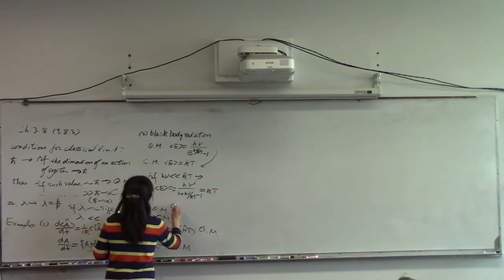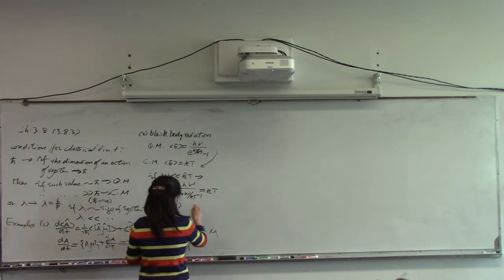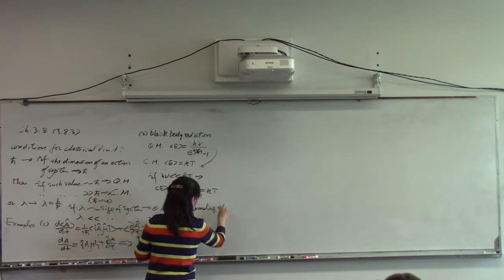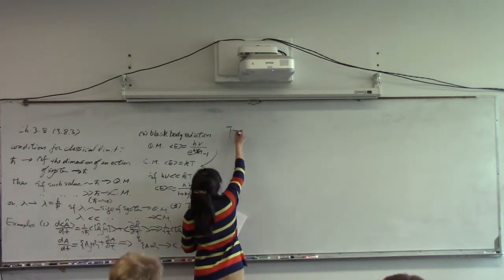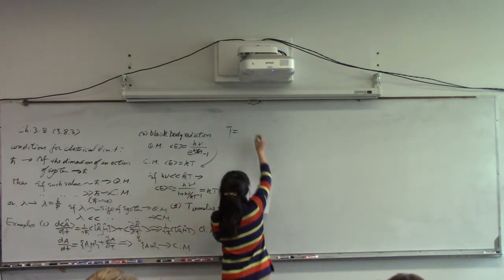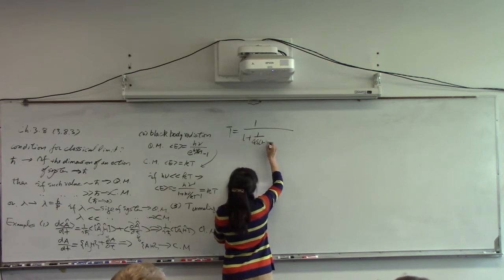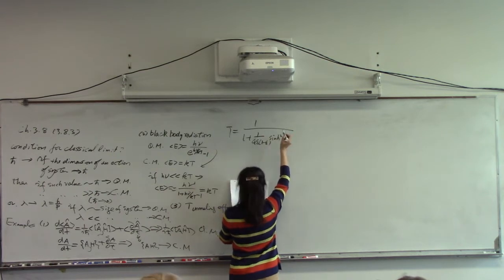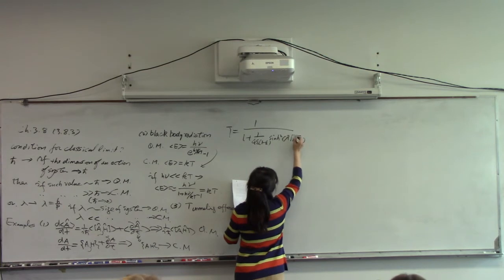Now, number 3, the tunneling effect. That is where the question comes from, right? When we discussed the tunneling effect, let me remind us again. We have the transmission coefficient, which is 1 over 1 plus 1 over 4 epsilon (1 minus epsilon) times hyperbolic sine squared of lambda square root 1 minus epsilon, right?